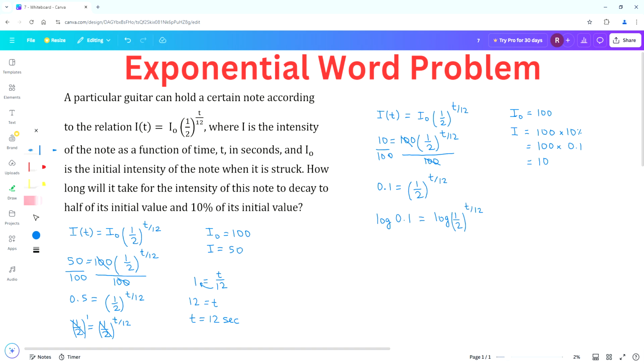Next, we should use the power law of logarithms to move the exponent t over 12 to the front of the log term.